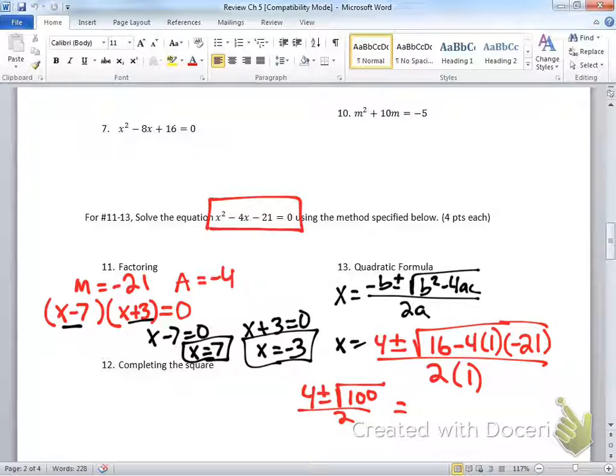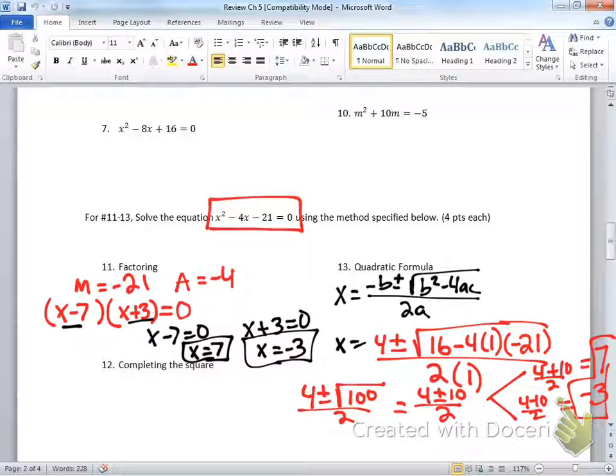Okay. So I have 4 plus or minus 10 over 2. 7, negative 3. So 4 plus 10 over 2, 4 minus 10 over 2. So I get 14 divided by 2, which is 7. I get negative 6 divided by 2, which is negative 3. Am I satisfied? Yes, I am.